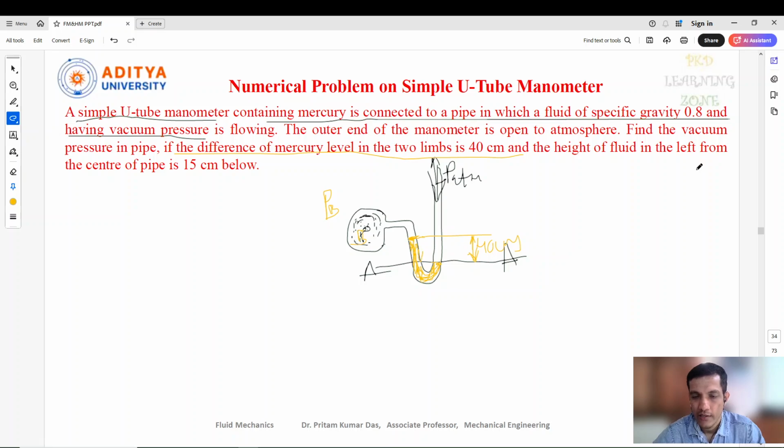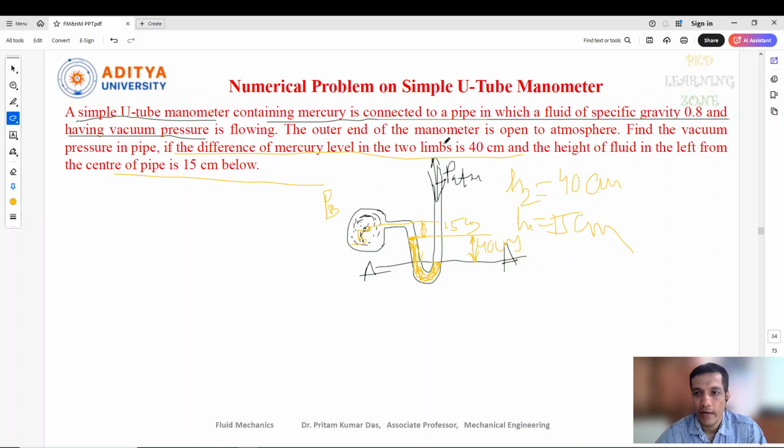So here H2 is given as 40 centimeter. And the height of fluid in the left limb from the center of the pipe is 15 centimeter below. So this height from the center point is 15 centimeter, and that is nothing but H1, which is 15 centimeter.